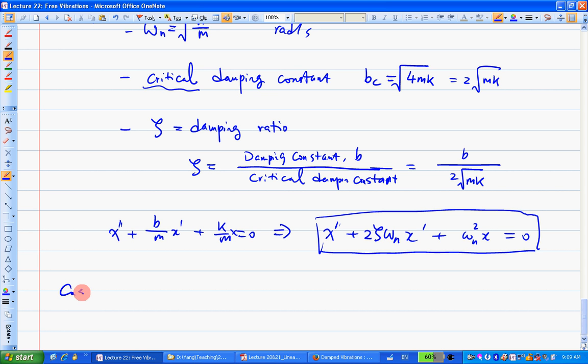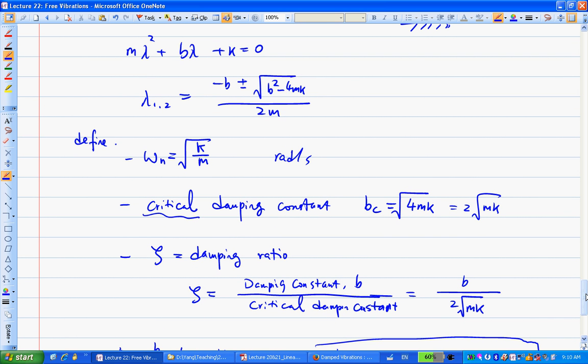Case number 1 is when zeta is greater than 1. When zeta is greater than 1, it means b is greater than this term, so the numerator is greater than the denominator, which also means the square root term in the solution is greater than 0.